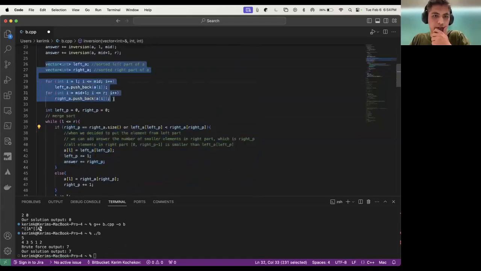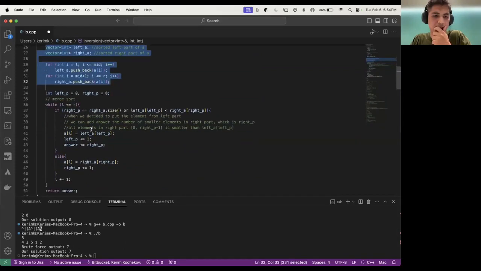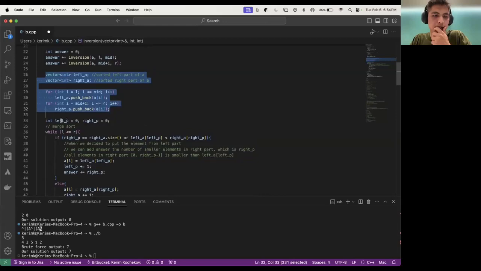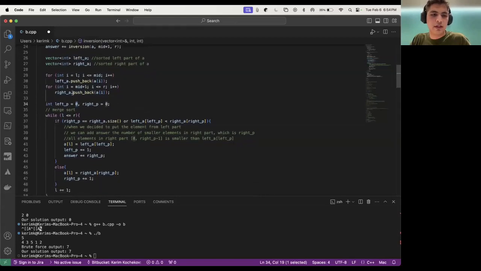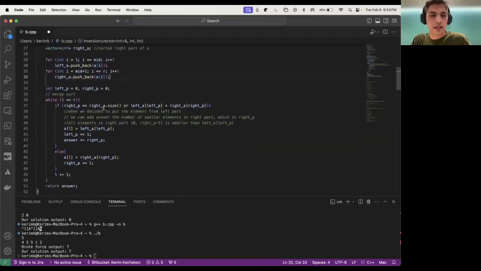Actually, we could also get rid of this extra memory overhead by directly working on the left and right parts. So instead of going from left P 0, we just start from the L-th position on the left and the mid plus 1 position on the right, and directly work on the array instead of copying them into separate parts and creating n log n extra memory overall.